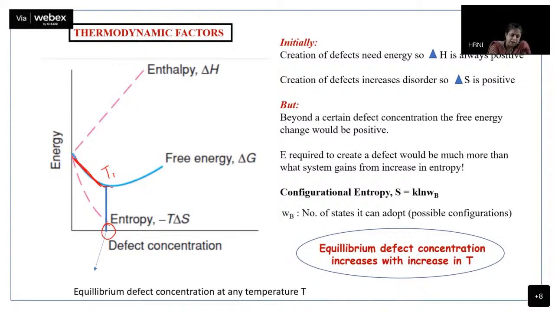So delta H minus T delta S will become 0 at some higher defect concentration. This is the x-axis, the defect concentration, and y-axis is the energy axis, H, G, S, whatever you talk about. So basically, now the equilibrium defect concentration for which your H will be equal to T delta S is shifted to the higher value.